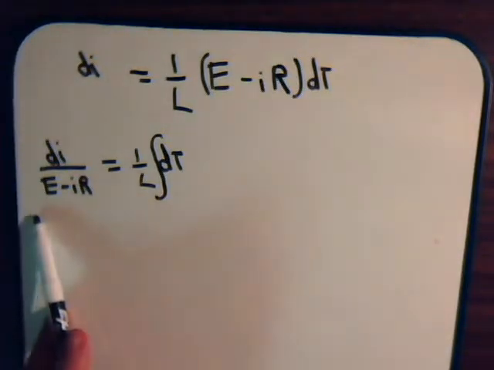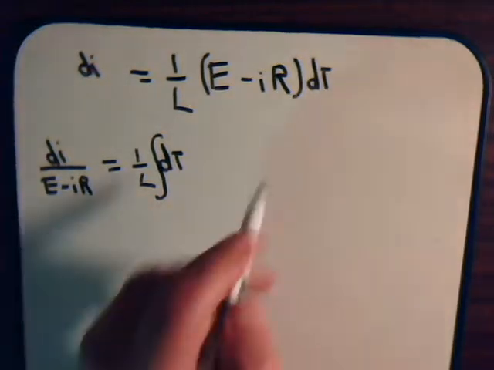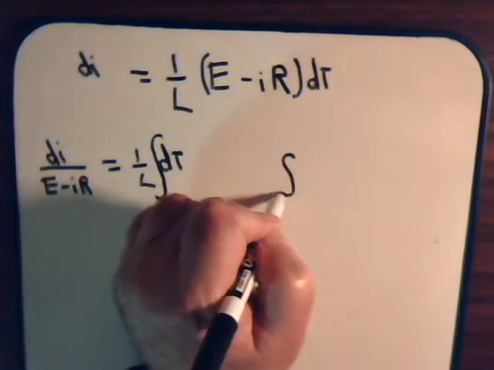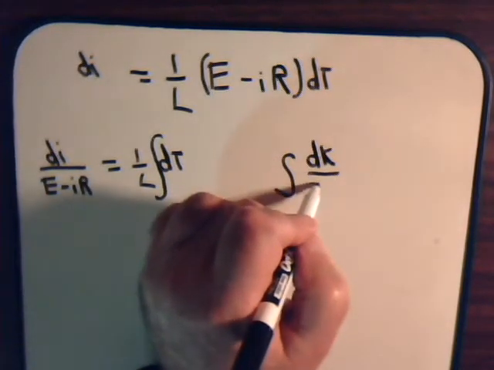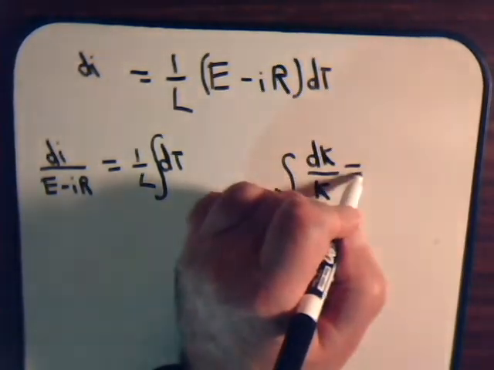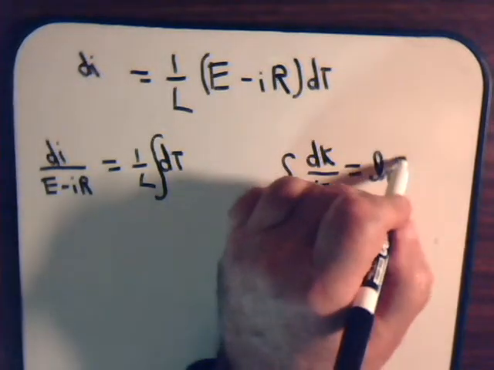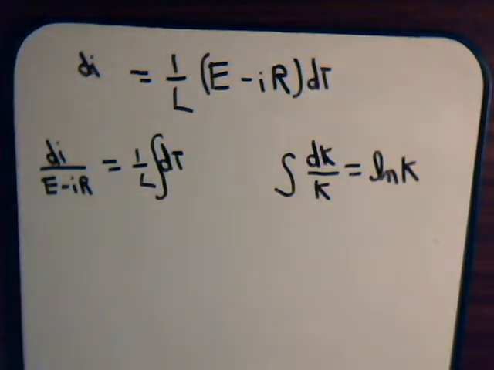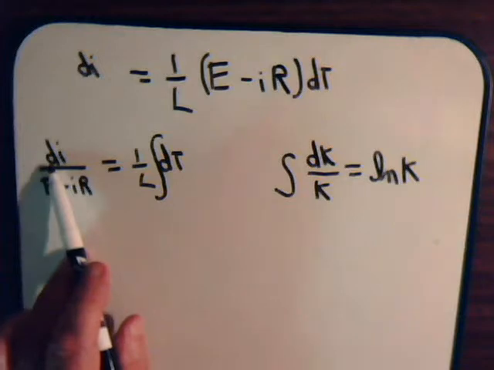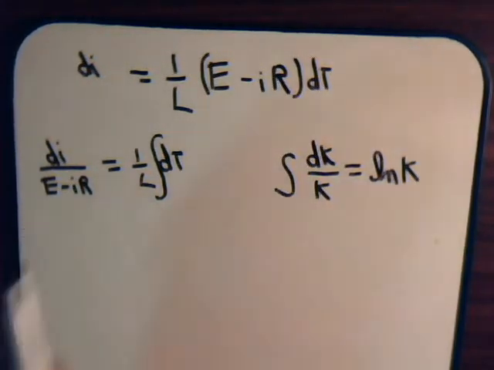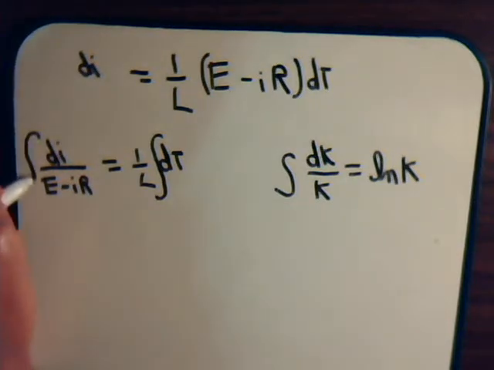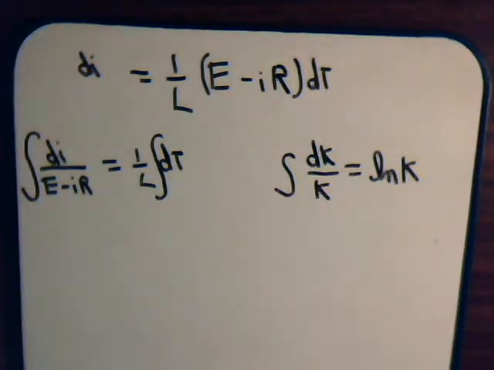Well, hopefully this is starting to look familiar, because if we have an integral of dk over k, that equals the natural log of k. And you can see we have di and I. These are both constants, but we're going to have to do some work with this integral before we can integrate it.